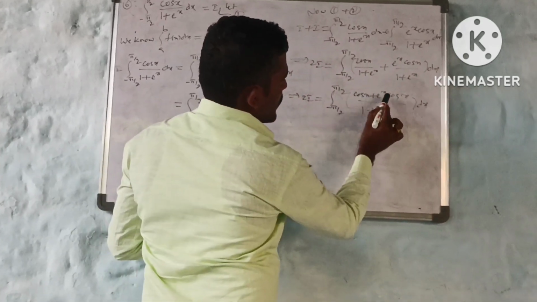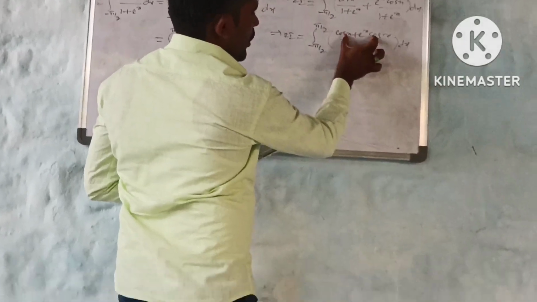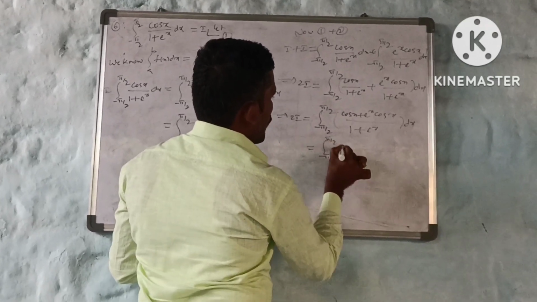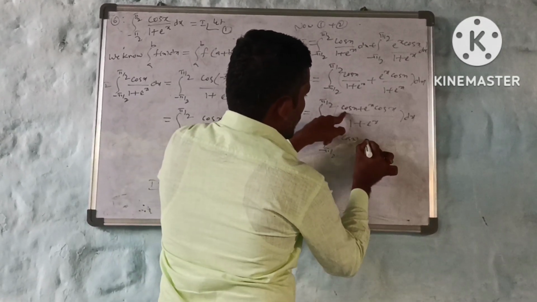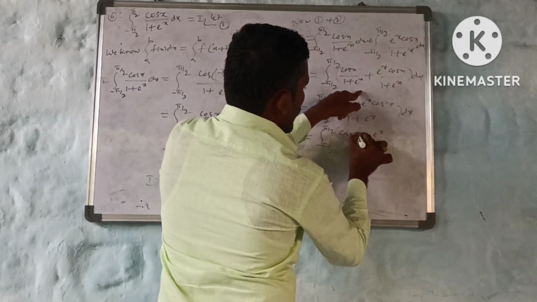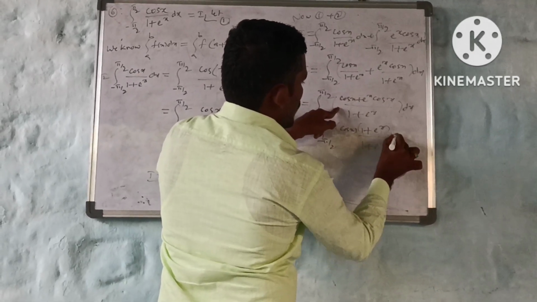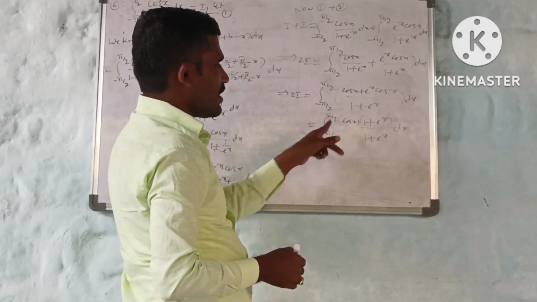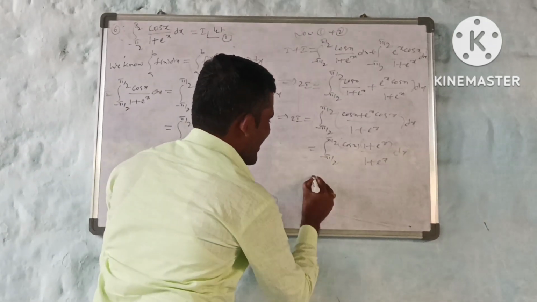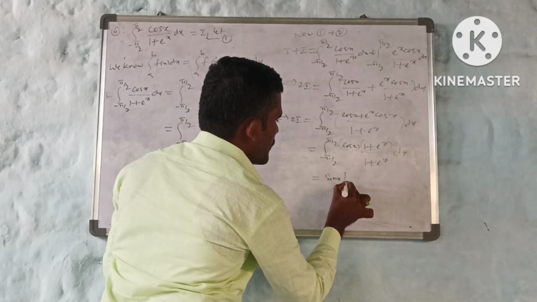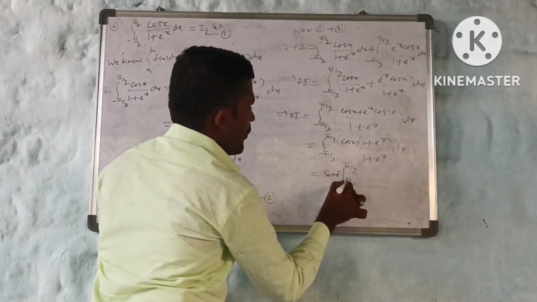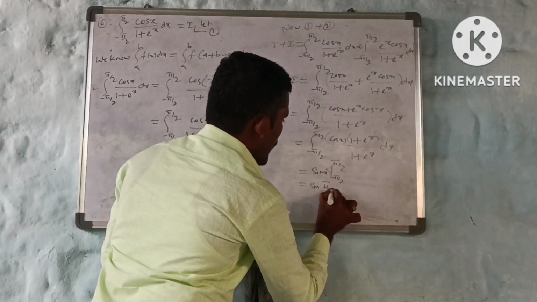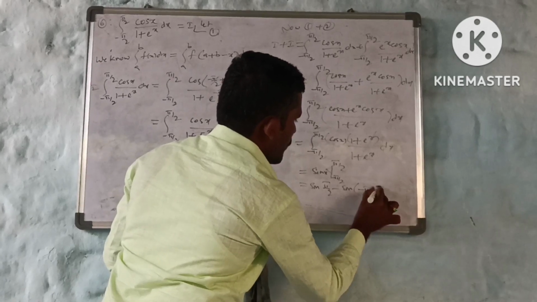Observation: in the numerator, cos x is common in both terms. Taking cos x common, we still have 1 plus e power x, divided by the denominator 1 plus e power x, dx. Both will get cancelled, so the remaining is cos x. The integration of cos x is sin x from minus pi by 2 to pi by 2, upper limit minus lower limit: sin pi by 2 minus sin of minus pi by 2.